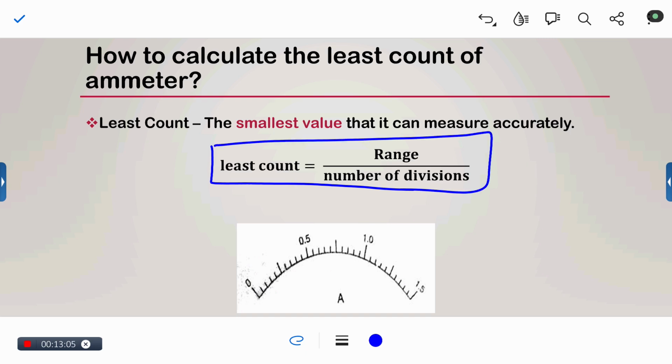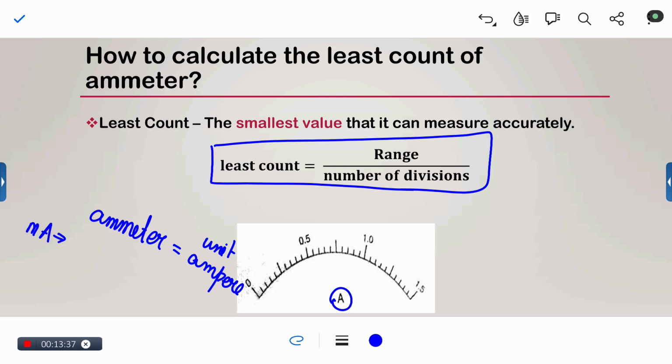Here the value is given like this, which means the given device is an ammeter. If I am using an ammeter, the unit of current will be ampere. Instead of this A, suppose they gave the symbol like this, mA.